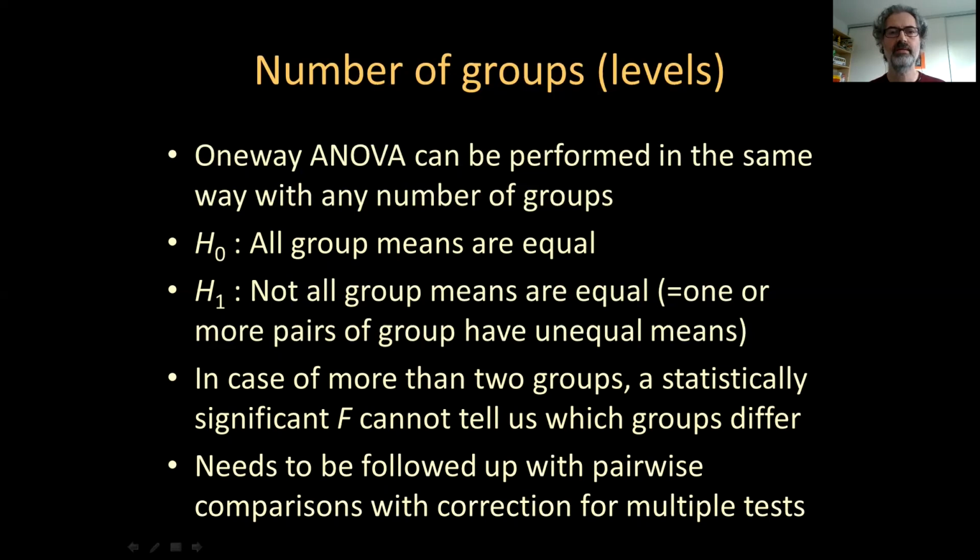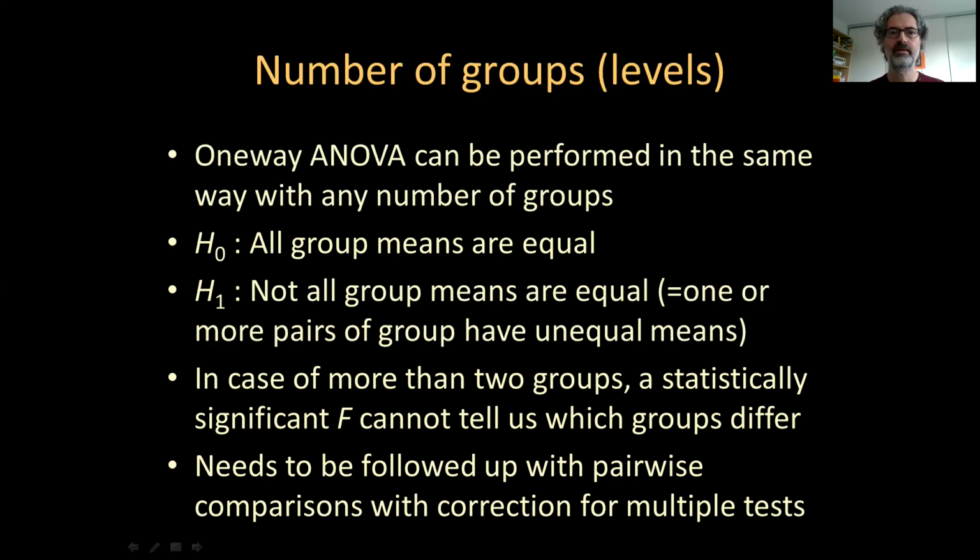And then we need to perform statistical correction for running multiple tests, because running multiple tests raises the probability of getting false positives. If we run one test that has an alpha level of 5%, then we have a 5% chance of a type 1 error.